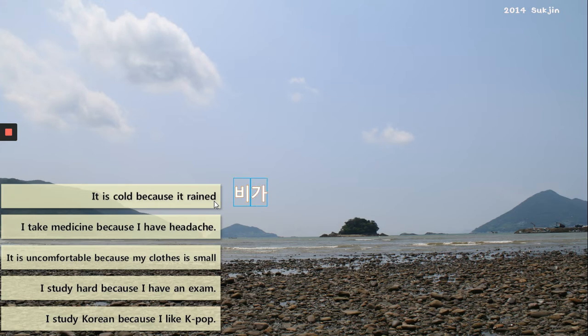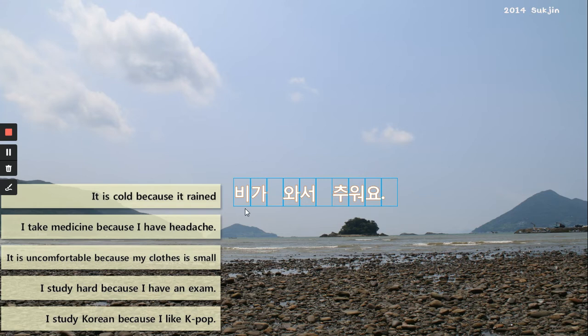Rain is the subject. 비가 오다. 오 plus 아서. 비가 와서. Do you understand? So we just omit the past tense. 비가 와서 it is cold. 추워요. 비가 와서 추워요.